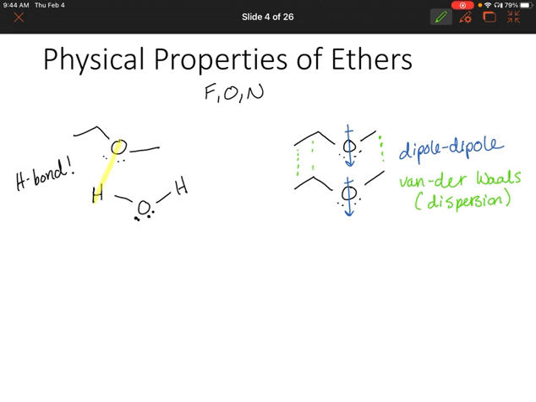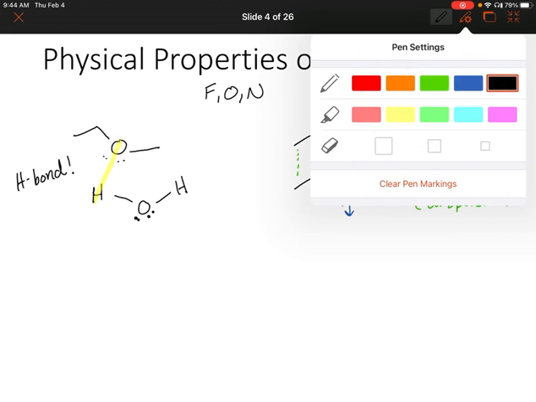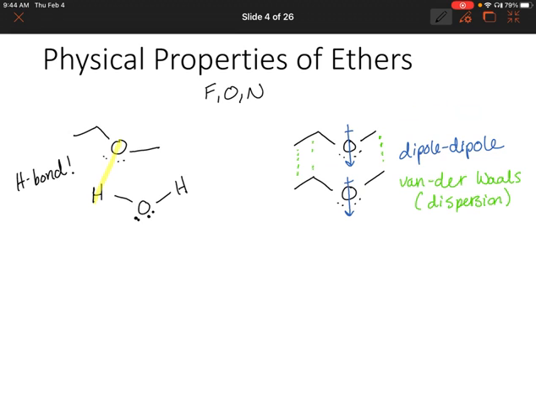Okay, so now let's talk about boiling points of ethers. So what if we just have a really simple ether like dimethyl ether? And let's compare that to diethyl ether. And then we'll compare that to dipropyl ether. So we're just kind of adding on to the carbon chain on each side.